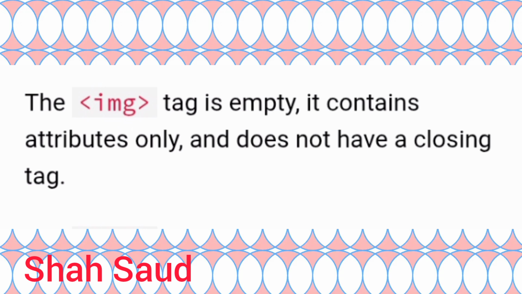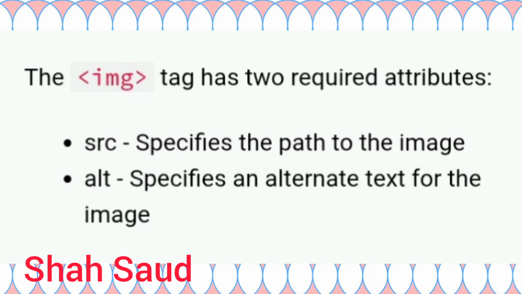The br tag is used for a break, and the img tag is also similar to the br tag, and these two are empty tags, that is, they are not closed at the end. The img tag has two required attributes, which are src and alt.